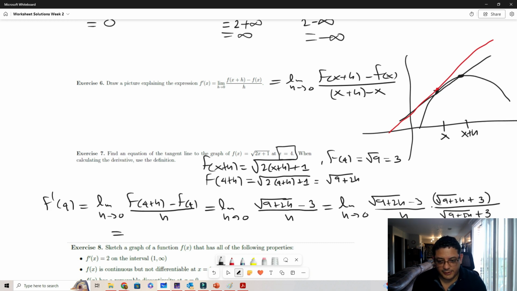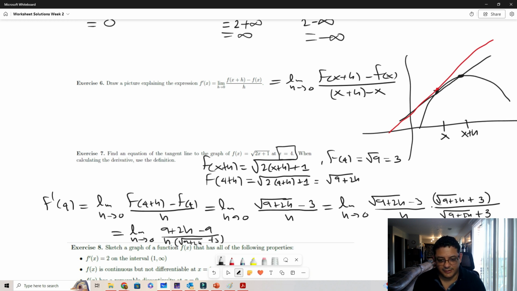Now at this point, that transforms the limit into 9 plus 2h minus 9 over h times the square root of 9 plus 2h plus 3.